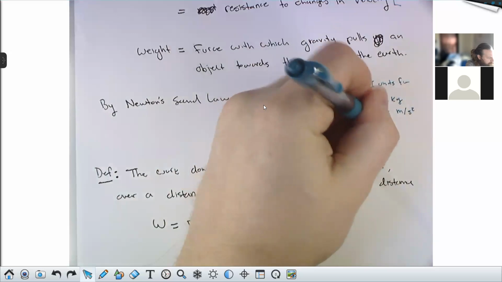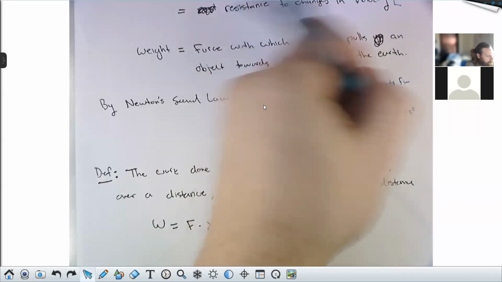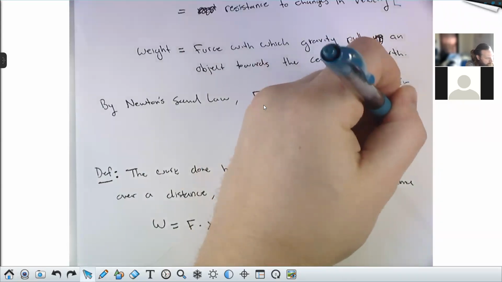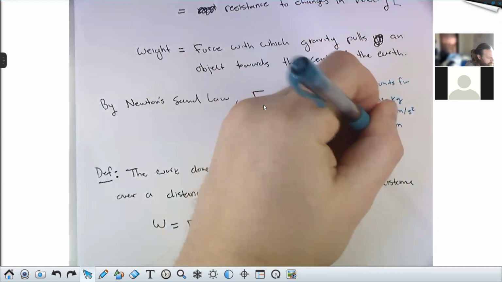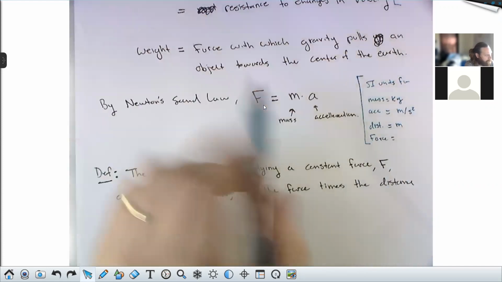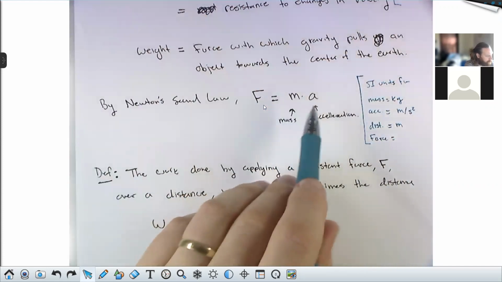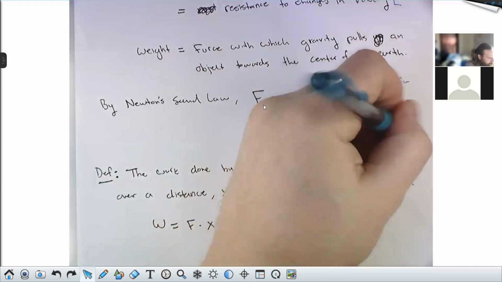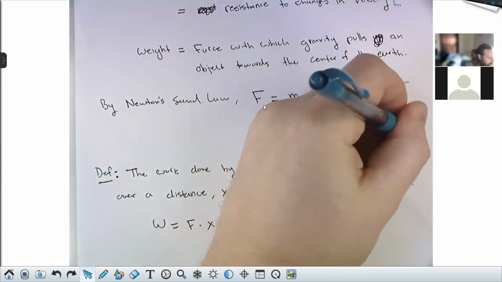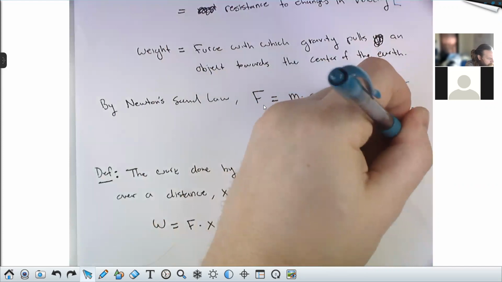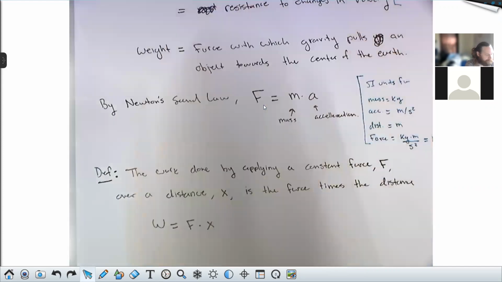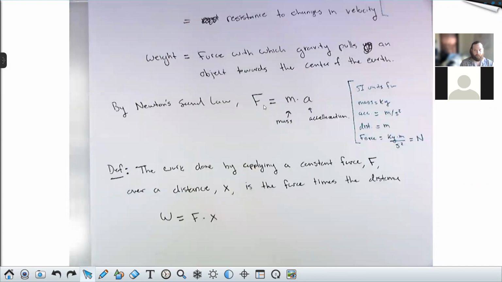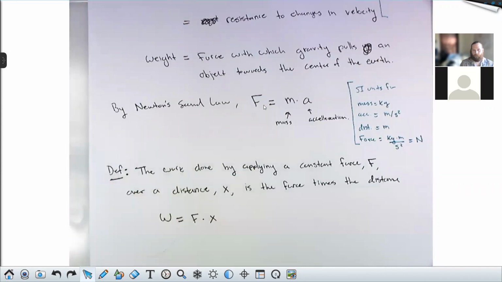Units for distance are just meters. Is there anything else I'm leaving off there? Oh, and for force, that would be kilograms times meters per second squared. So that's kg m over s squared, which we call the Newton, right, in honor of Isaac Newton.